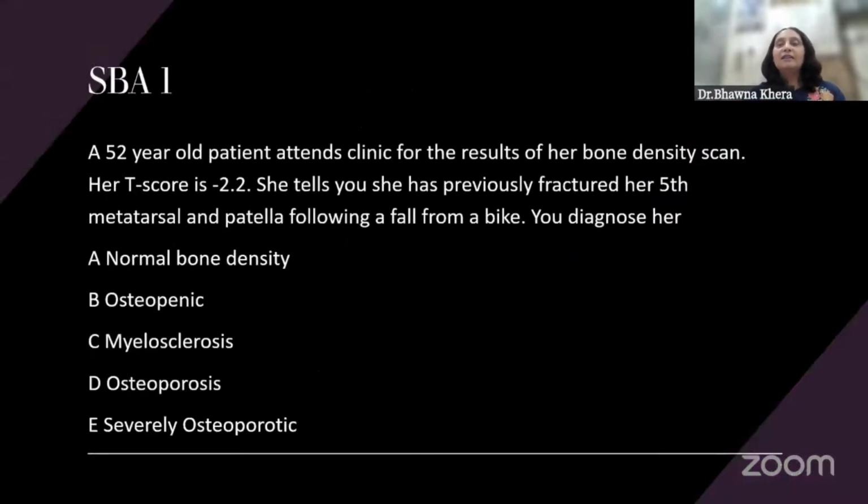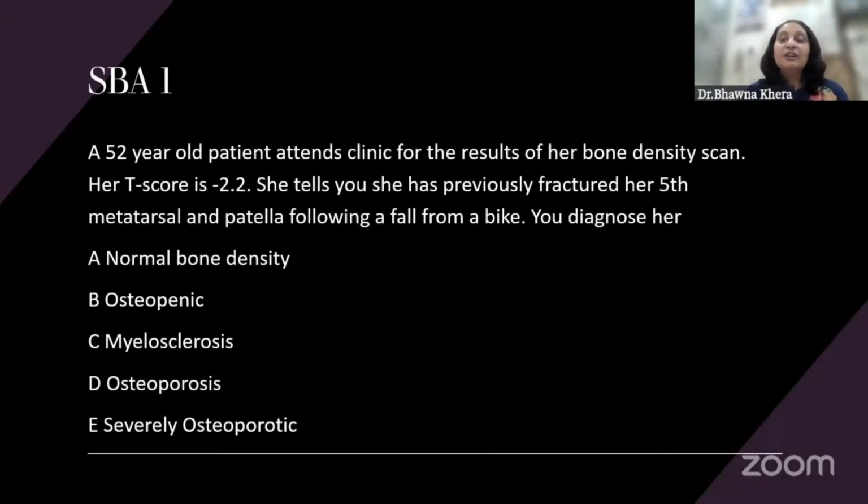So let's start the first SBA. The first SBA is: a 52-year-old patient attends the clinic for the results of her bone density scan.